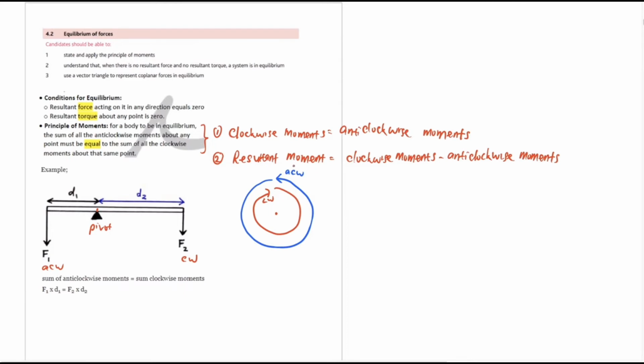So there we have 0 resultant moment. I don't want to use torque because torque is of a couple. This is not couple, so I don't want to confuse. So I use moment. Resultant moment is equal to 0.